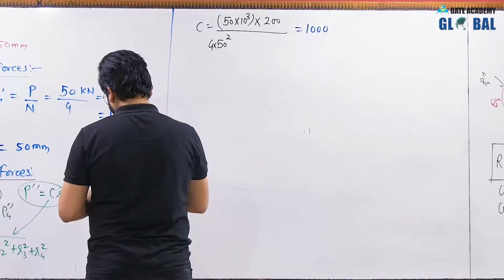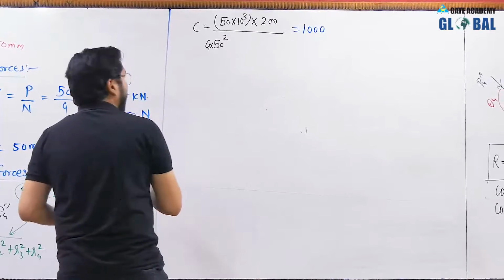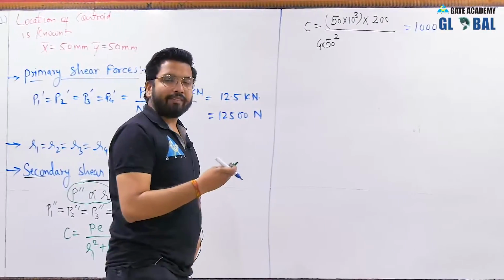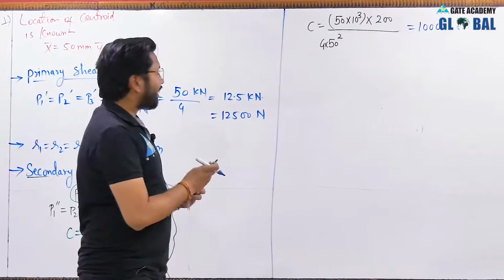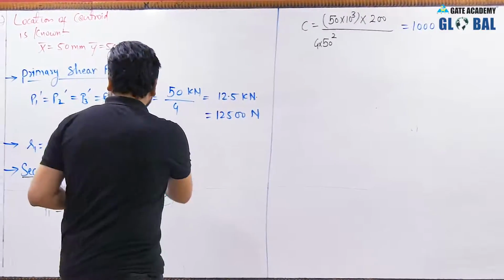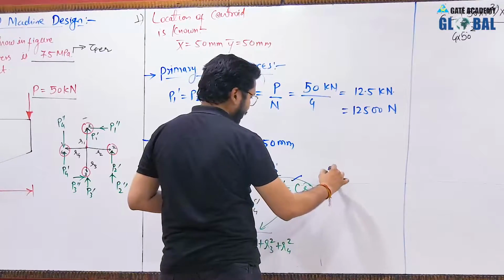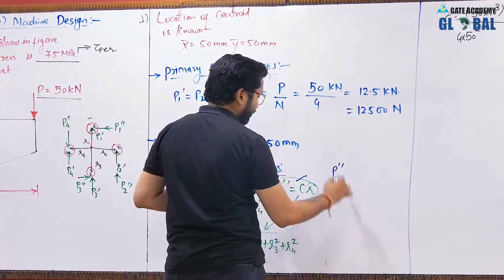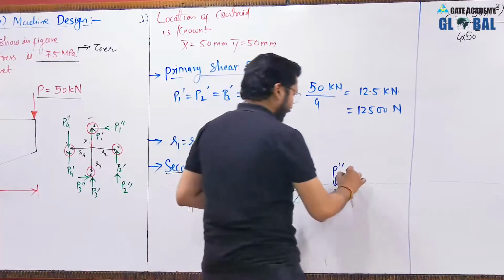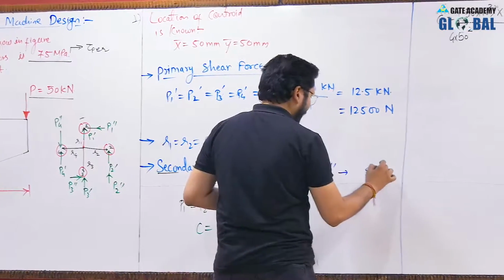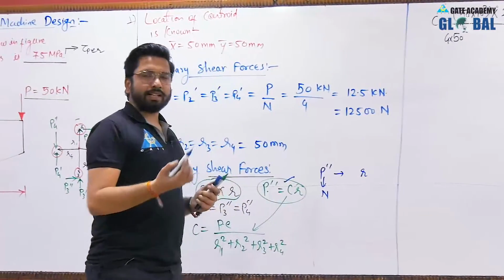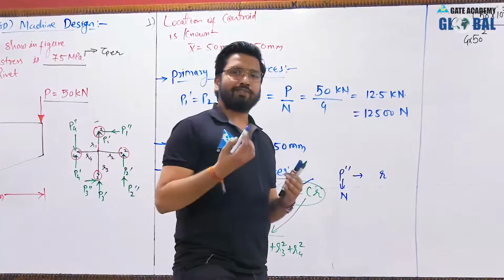If I ask you whether C is dimensionless or it has a dimension, then what should be the answer? Here you can see in this equation, this is the load, that is shear force basically. So the dimension of P double dash will be Newton, okay, and R will be in mm or meter, that is definitely in the dimension of length.